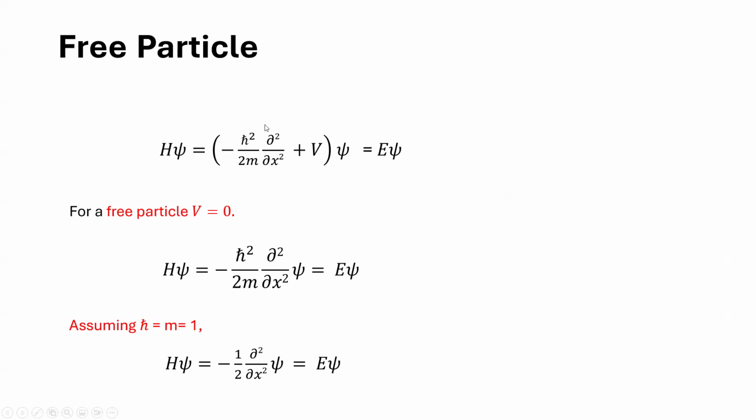All right. So let's look at the Schrodinger equation. Here, the Schrodinger equation has this Hamiltonian operator, which has two parts: the kinetic energy part and the potential energy part. The kinetic operator is given by minus h cross squared over 2m times the second partial derivative with respect to x, and the potential operator is denoted by V. That Hamiltonian operator times the wave function gives us the energy times the wave function.